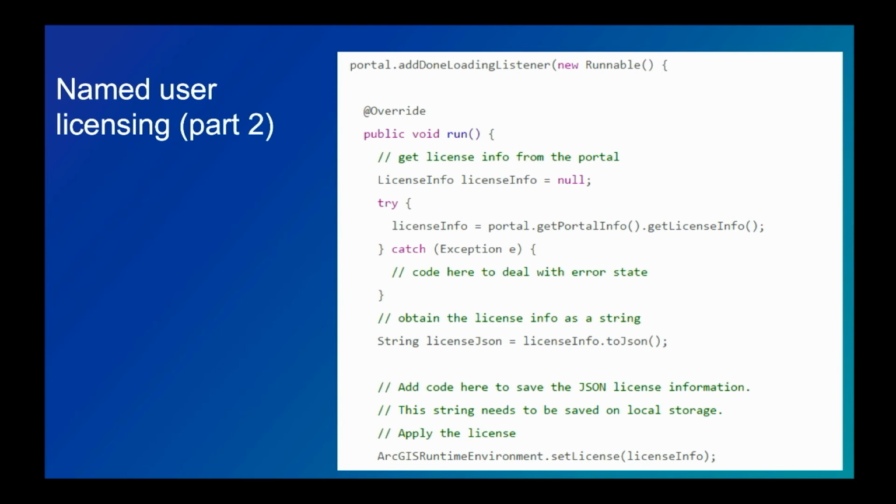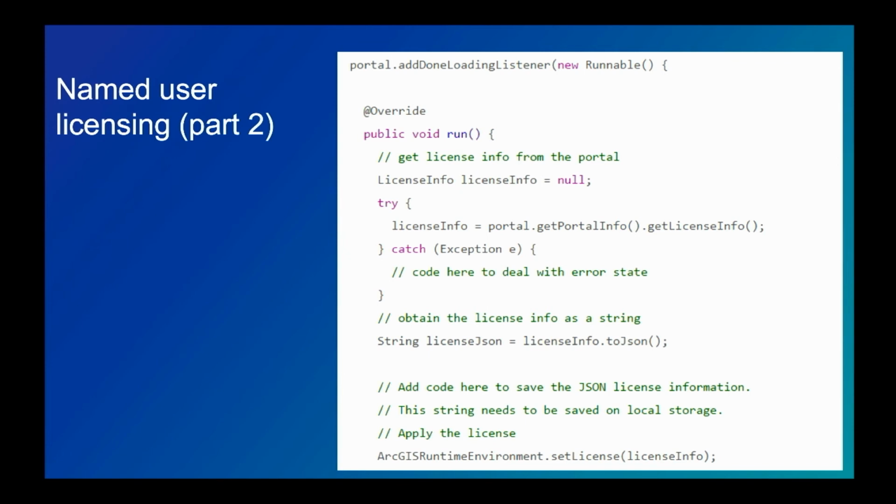So you've got that license info repopulated from the string that you stored safely on your device, which you read when you started it up without any network connectivity, and then it's just a case of calling the set license method with the license info that you've inflated from the string you had on your device.